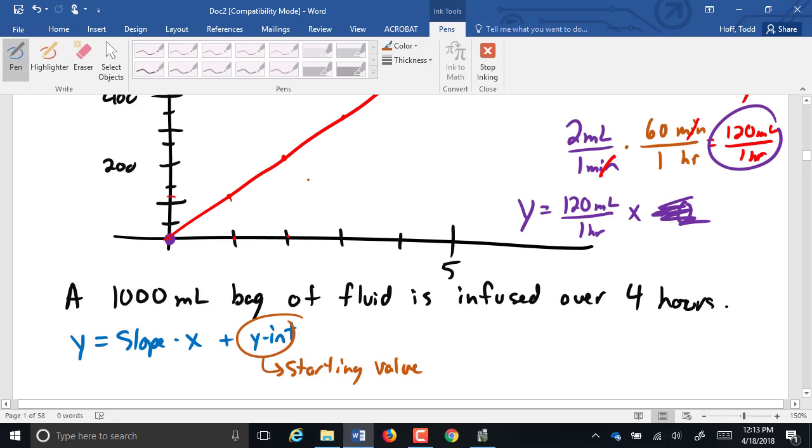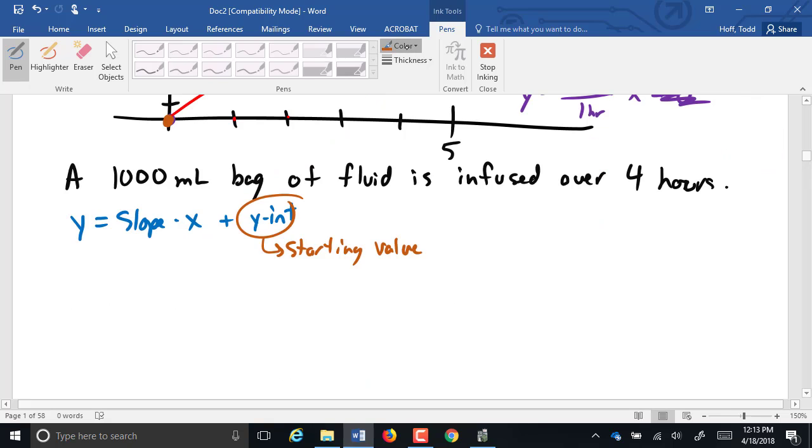In this last problem, since we're looking at the amount of fluid that's been infused into the patient, and when we started, none had been infused, that's why that started at 0. In this case, when we started, we're looking at the volume of fluid in the bag. At the beginning, none of the fluid had been infused, so there's still 1,000 milliliters in the bag.